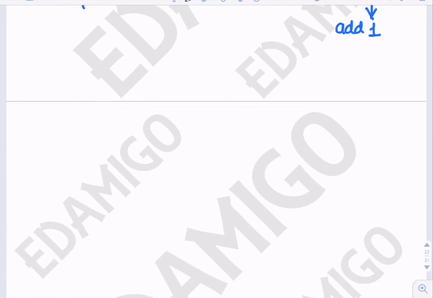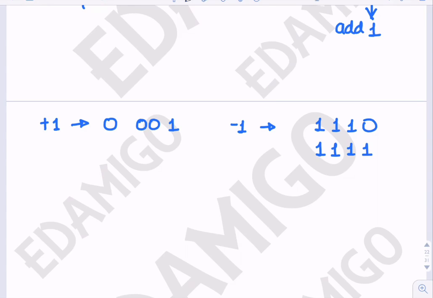For example, plus 1 is 0001. So for minus 1, first we complement it, so it will be 1110, and then we add 1, so 1111. This is your minus 1.